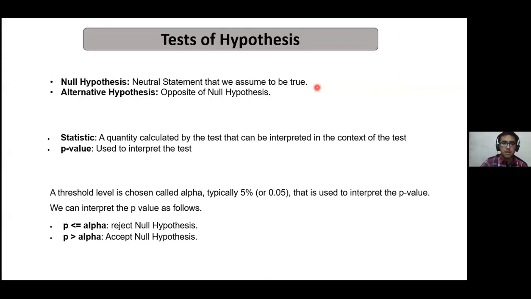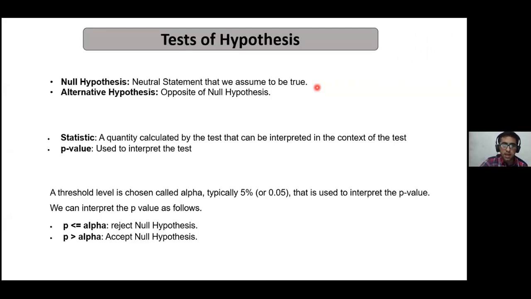The null hypothesis is just a neutral statement that we assume to be true. For example, in my Python hands-on, you can assume that the data you are dealing with is normal, or that it's not correlated, something like that. Any statement without adding any bias from your side.